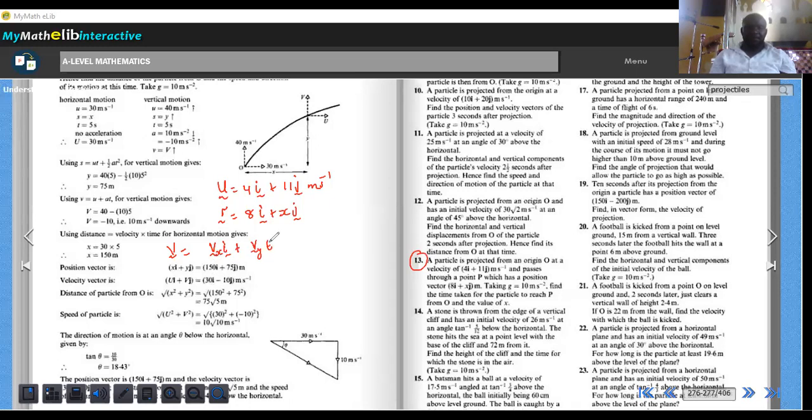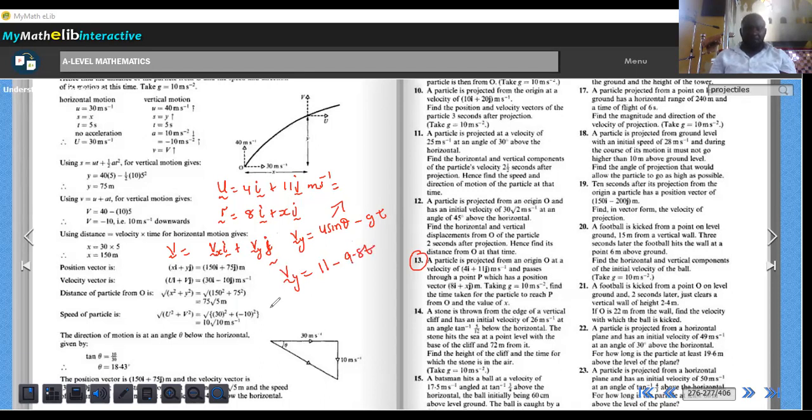The velocity at any time t for the vertical is going to be u sine theta minus gt. But u sine theta is always the original, which corresponds to 11 in the vertical, because this is the initial velocity. So in the vertical, you have 11 minus 9.8t.